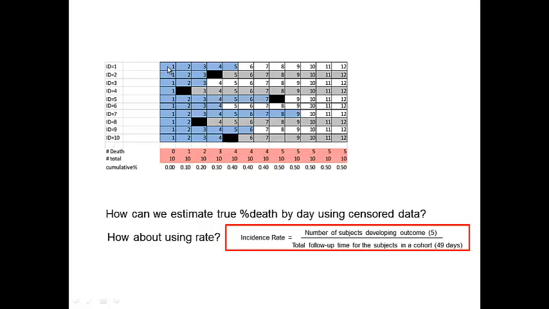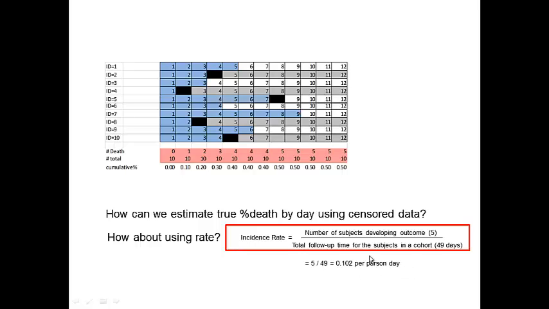So the first person has 5 days of follow-up, the second person has 4 days of follow-up, including the day with the event, and the third person has 3 days. So we add these follow-up days for 10 patients, and we have 49 days. And the rate is obtained by 5 divided by 49, which is 0.102 per person-day.